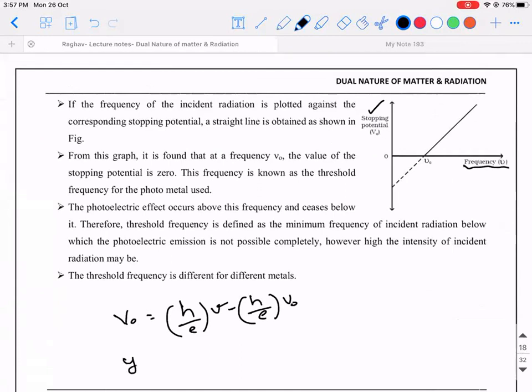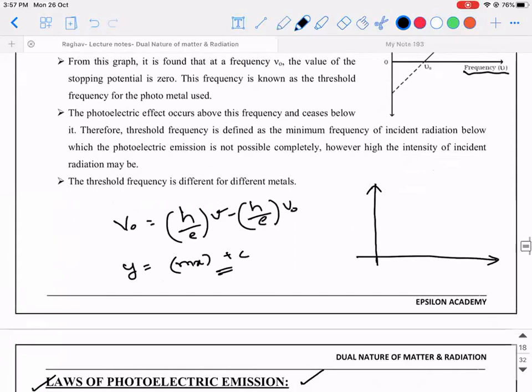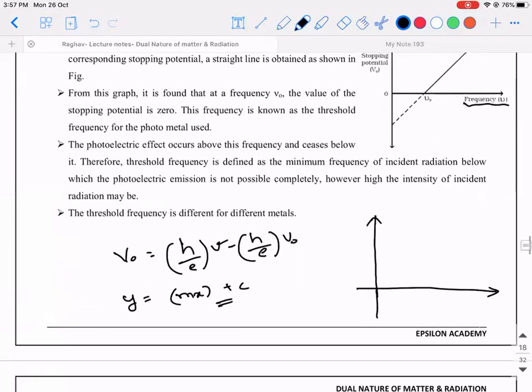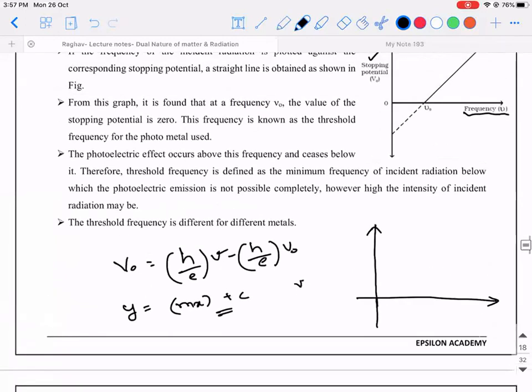Stopping potential is taken on the y-axis. Is it not of the form y is equal to mx plus c? So y is equal to mx plus c is a straight line with slope m and y-intercept c. So here, when you put nu is equal to 0, what is going to happen?